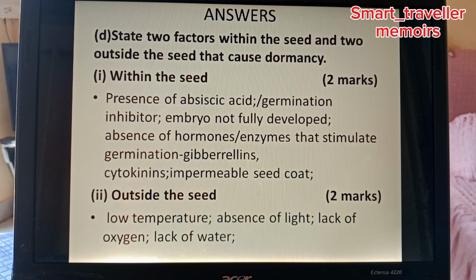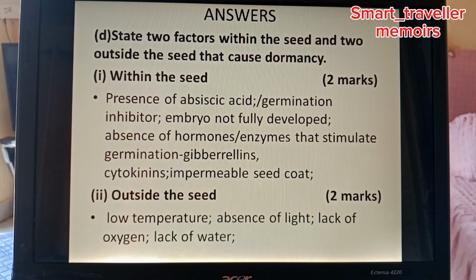Again, embryo not fully developed, and also absence of hormones and enzymes that stimulate germination, known as gibberellins and cytokinins, and finally, an impermeable seed coat.